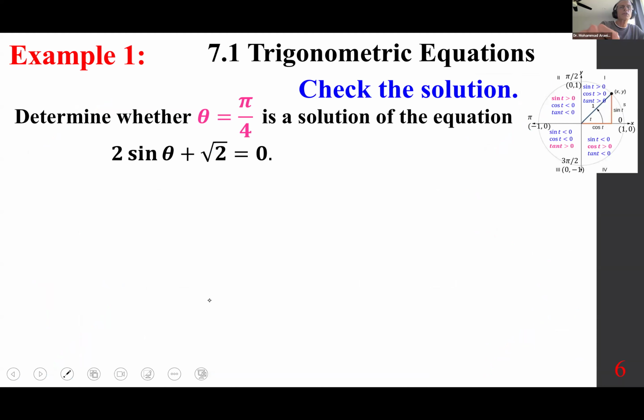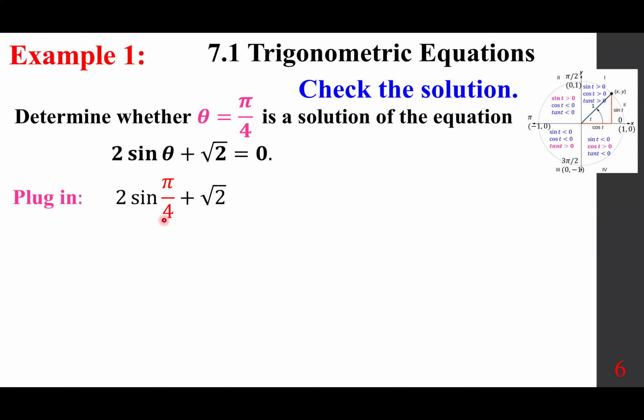Now, this was the reminder so we could get started with this, everybody. And now let's look at a simple example. Determine whether theta equals pi over 4 is a solution of the equation, which means just plug in, see if it works. So let's plug in.